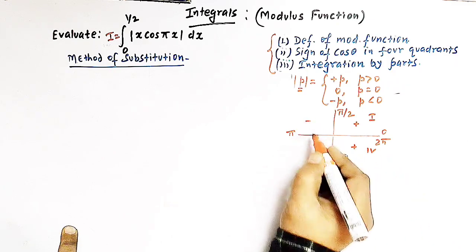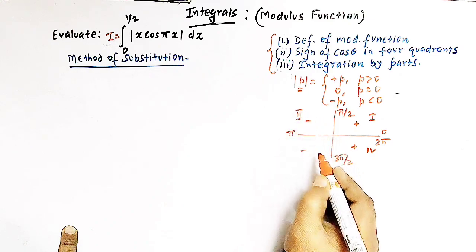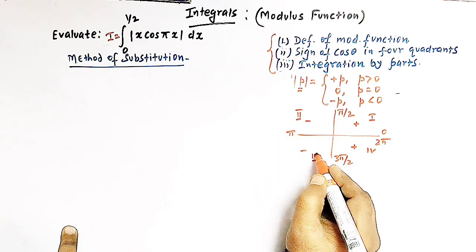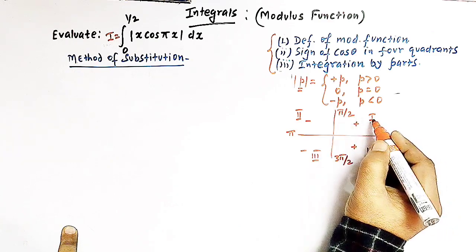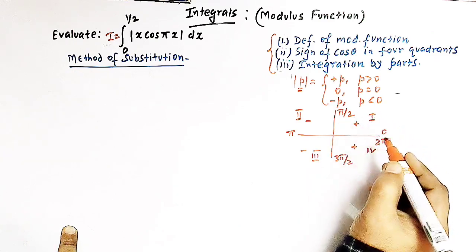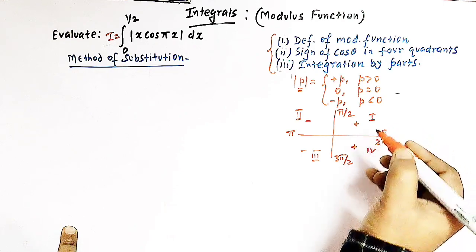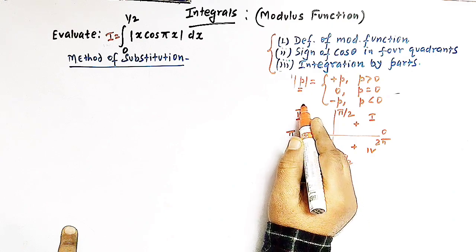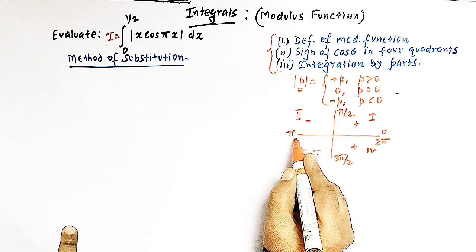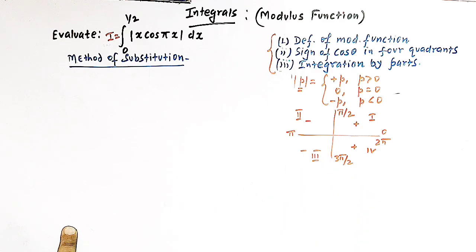And in the second and third quadrant, the cosine function is negative, right? So from 0 to pi by 2, the cosine function is positive, and from 3 pi by 2 to 2 pi, the cosine function is positive, and from pi by 2 to pi, the cosine function is negative, and again from pi by 2 to 3 pi by 2, the cosine function is negative, right?